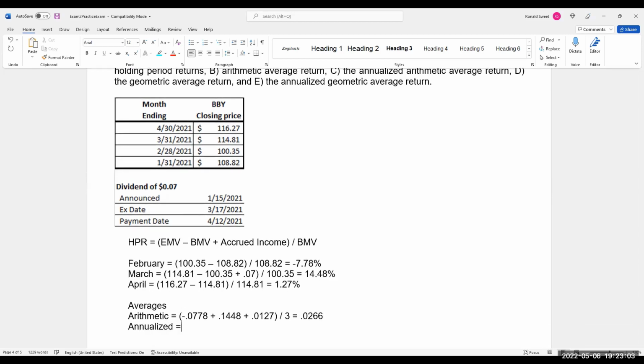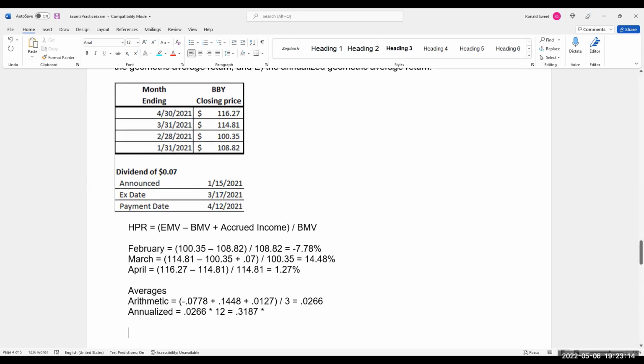Annualized equals 0.0266 times 12, because this is monthly, and that gives me 0.3187, and then you put a little asterisk there. CFA Institute does not allow periods less than 1 year to be annualized.